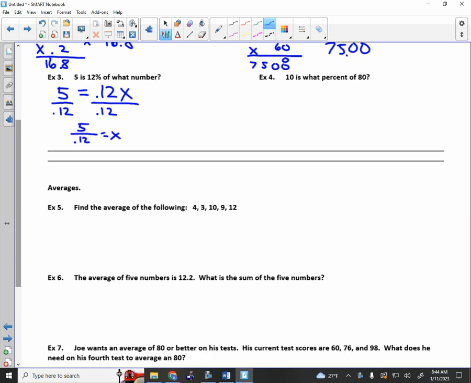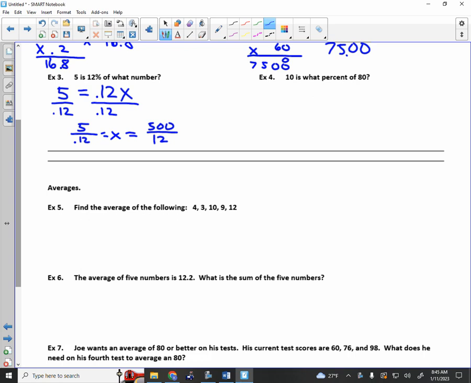I don't like to divide decimals. Do you remember our rule for dividing decimals? I don't want 0.12 to be a decimal anymore, so I have to move it how many places? 2. So I'm going to move the top 2 places as well. So 5 over 0.12 is the same as 500 over 12. See that?